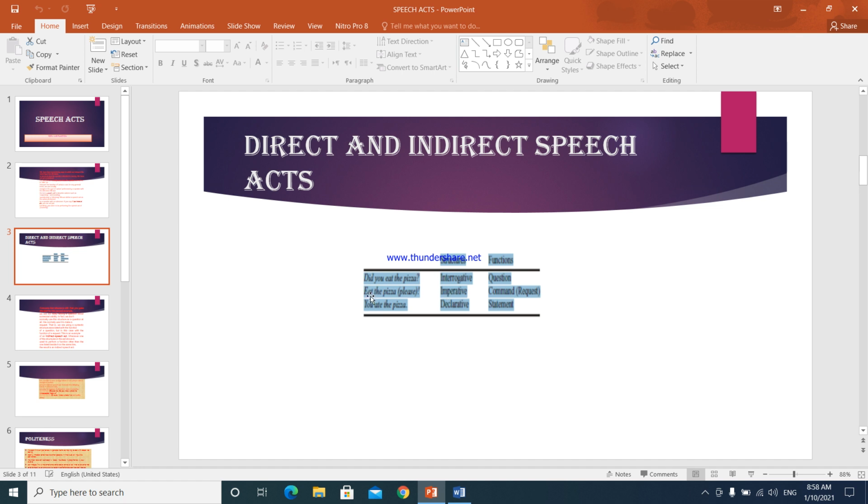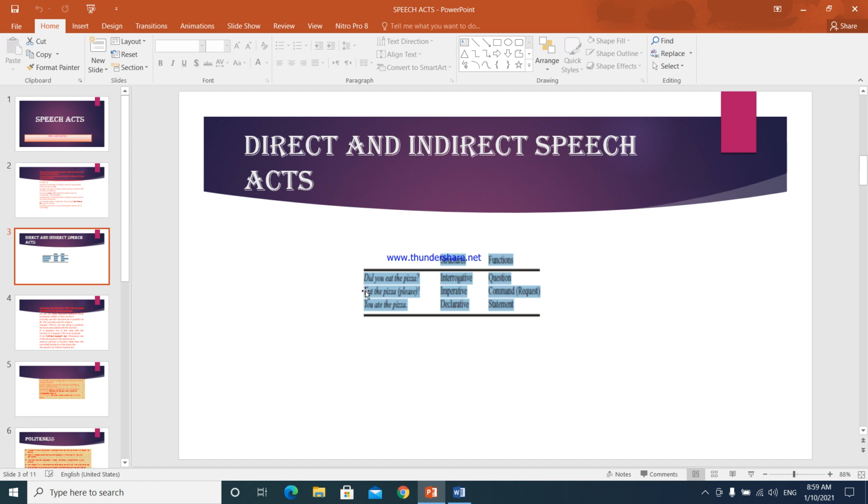Look at these examples. For example, did you eat the pizza? The structure is an interrogative. The function is question. Why? Because we are asking for information. يعني the function is related to meaning, while structure is related to form.